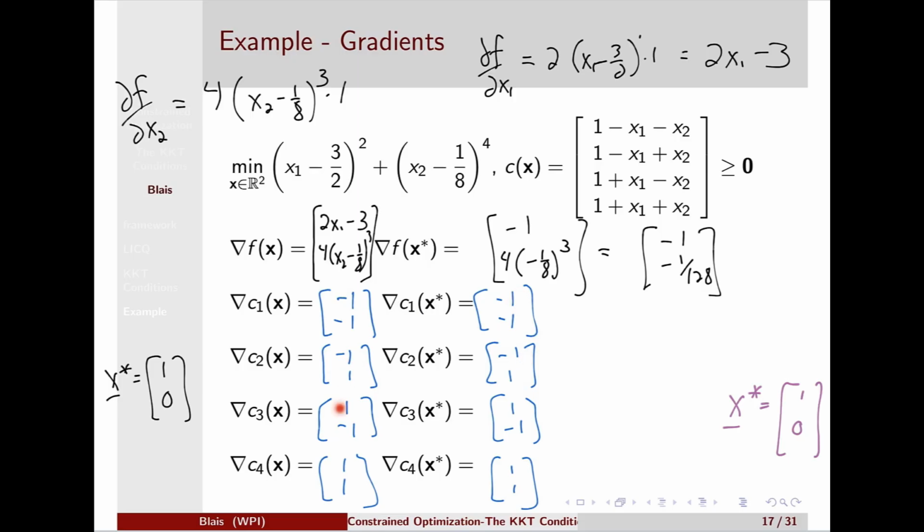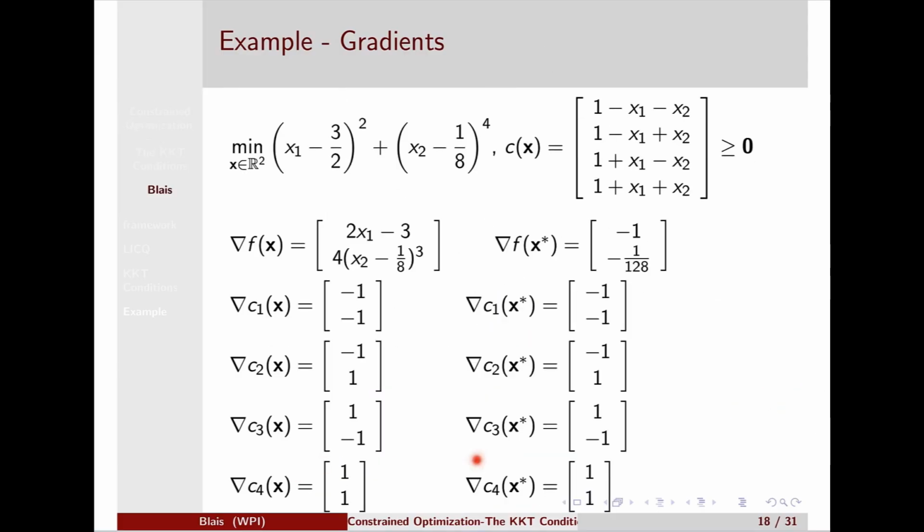And we get similar gradients in each case. Summarized here, we have everything we need for that first condition, again, the gradient with respect to x of the Lagrangian being equal to 0. That was what we called KKT condition A.